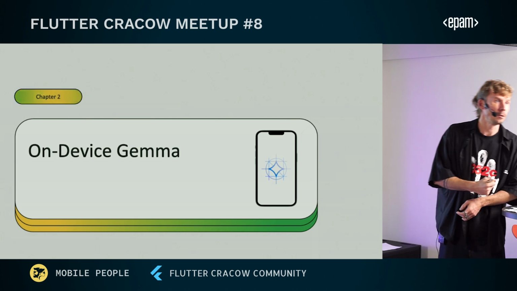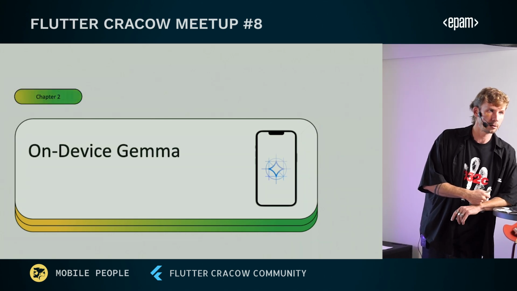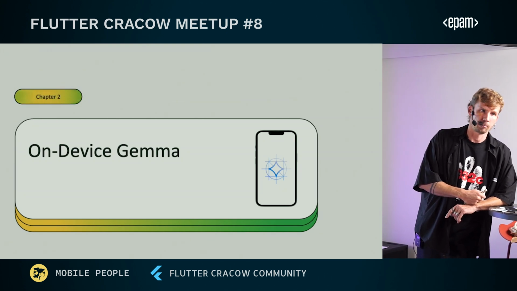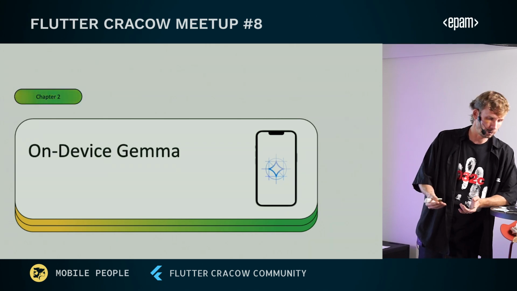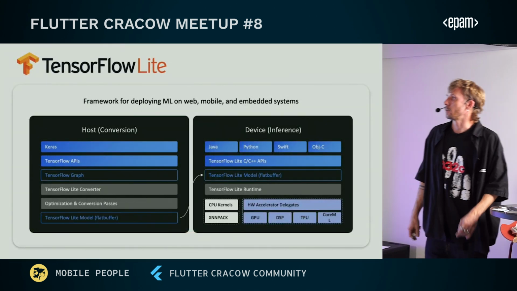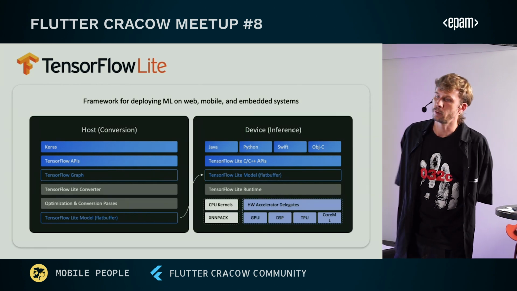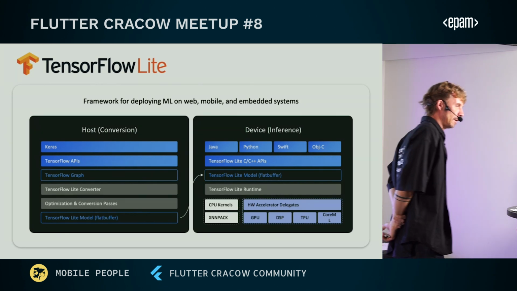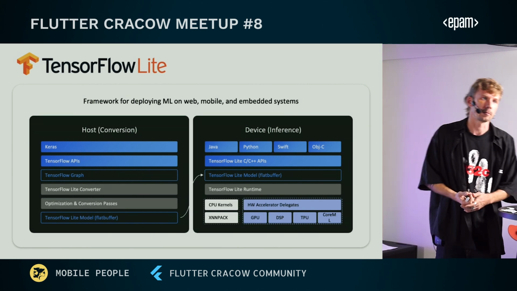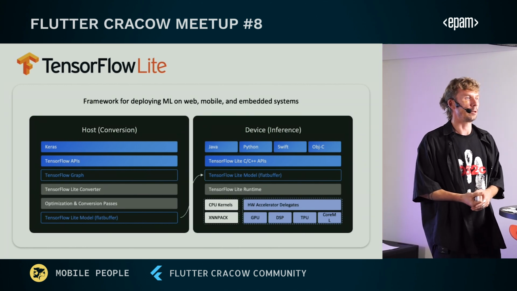So it means that you can download it, upload it to your device, and work without privacy concerns and without an internet connection. You don't need anything because the model is already on your device. Before, if you wanted to work with AI on your device, you could use, for example, TensorFlow Lite. Please raise your hand if you have experience with TensorFlow Lite.